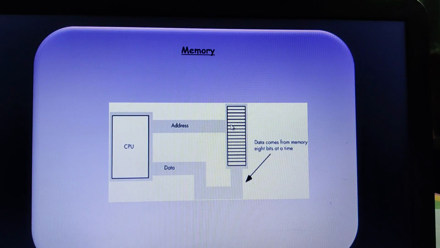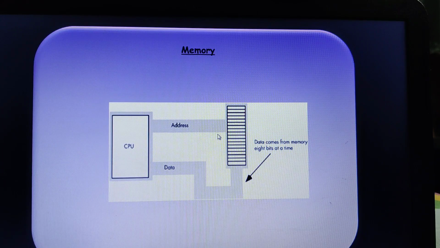If my data is in the 5,000 memory location, how will the CPU know? The CPU will first make a request to the RAM through the address bus, sending the memory location 5000.